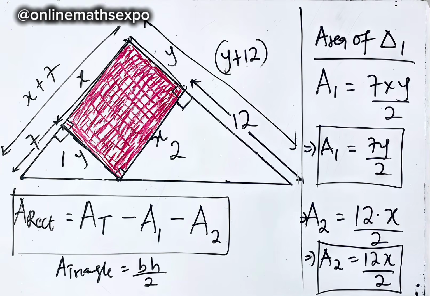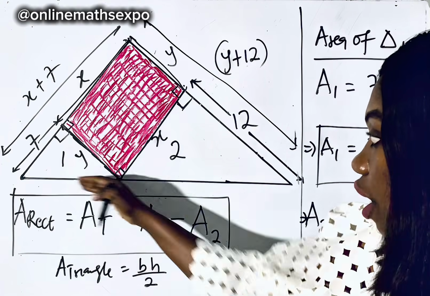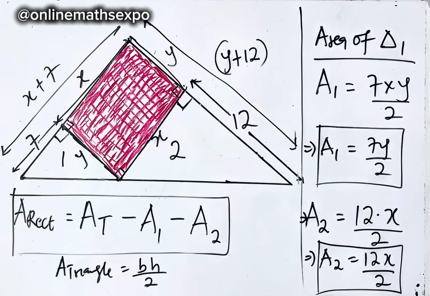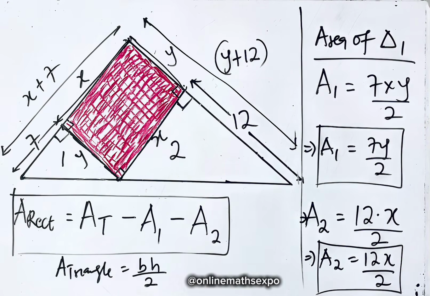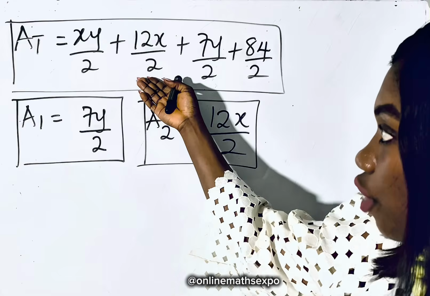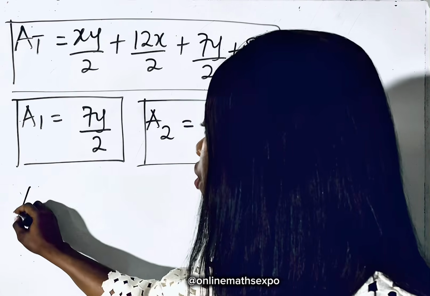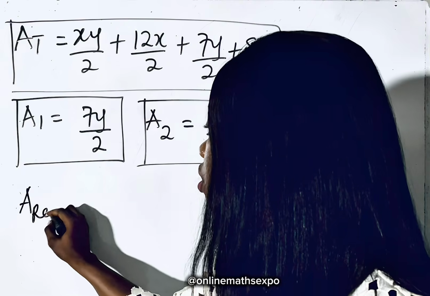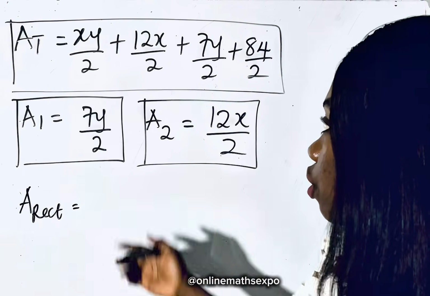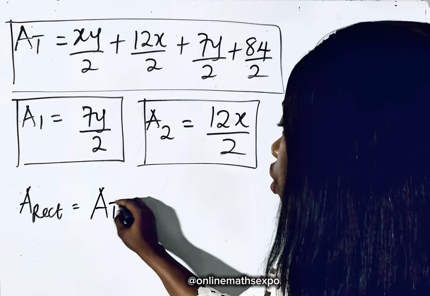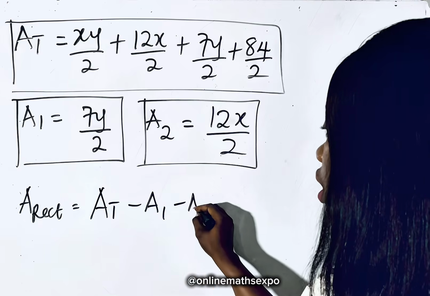Now that we have found the area of the bigger triangle, triangle 1 and 2, let's bring them together to find the area of the rectangle. Remember, this is what we have for the area of the triangle, triangle 1 and triangle 2. So the area of the rectangle will now be the area of the triangle minus this, as we stated.